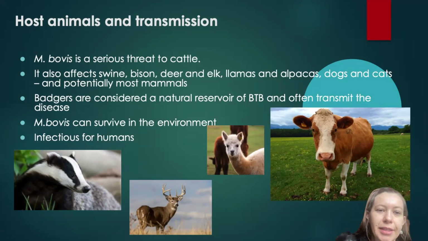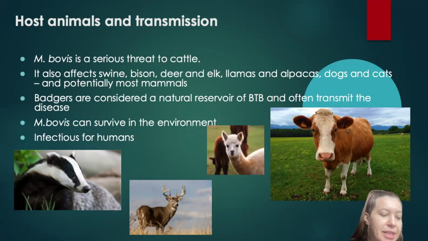It can affect swine, bison, deer and elk, camelids, llamas and alpacas, dogs and cats. Also, it can be transmitted to bisons, buffaloes, and, which is the most important to us, cattle.